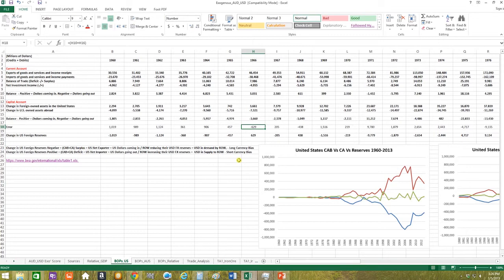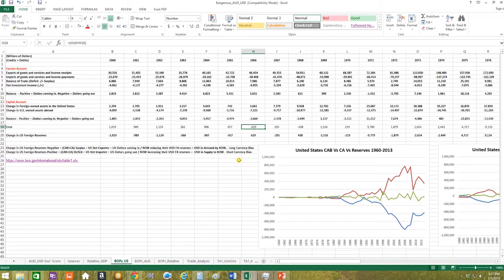So the US is a net importer. So US dollars going out. And this represents $629 billion going out of the United States in dollar value.